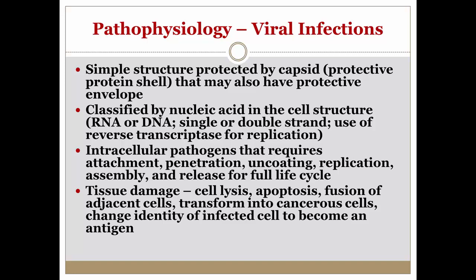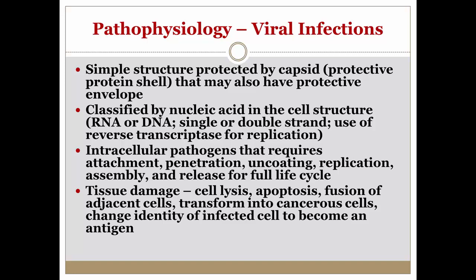We classify a virus by nucleic acid in the cell structure. So is it an RNA or a DNA virus? Is it single or double-stranded? And does it use reverse transcriptase for replication? The other thing we want to remember is that this is an intracellular pathogen.